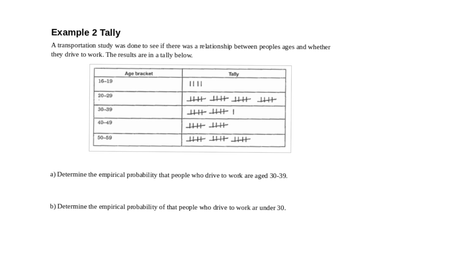For this example, it says a transportation study was done to see if there's a relationship between people's ages and whether they drive to work. The results are in a tally below. So imagine they went out and did a survey and got the ages from 16 to 69, and all these different ranges.